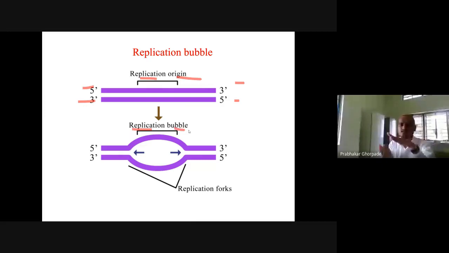The DNA will form a bubble like this. Because it is double stranded, it may go in both directions. So this is one replication fork, and this is a second replication fork. That is replication fork formation, or replication bubble formation, at the replication origin.